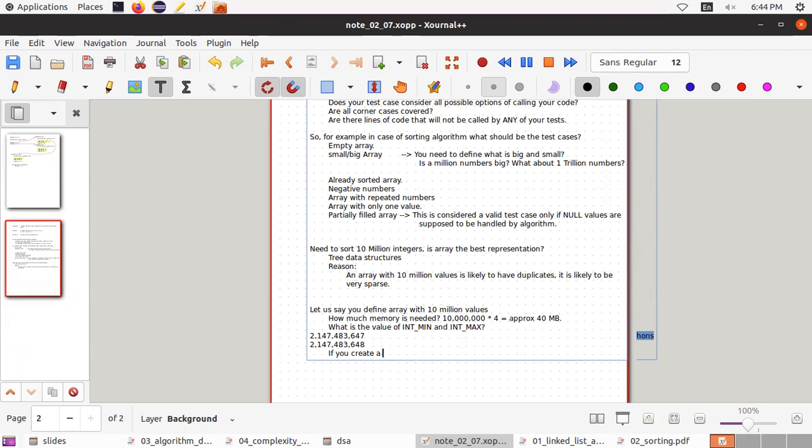Now, if you create an array of bits for this particular range, for this entire range. So int min is this. Int max is this, right? So if you create an array of bits having length equal to this, how much space will this take?